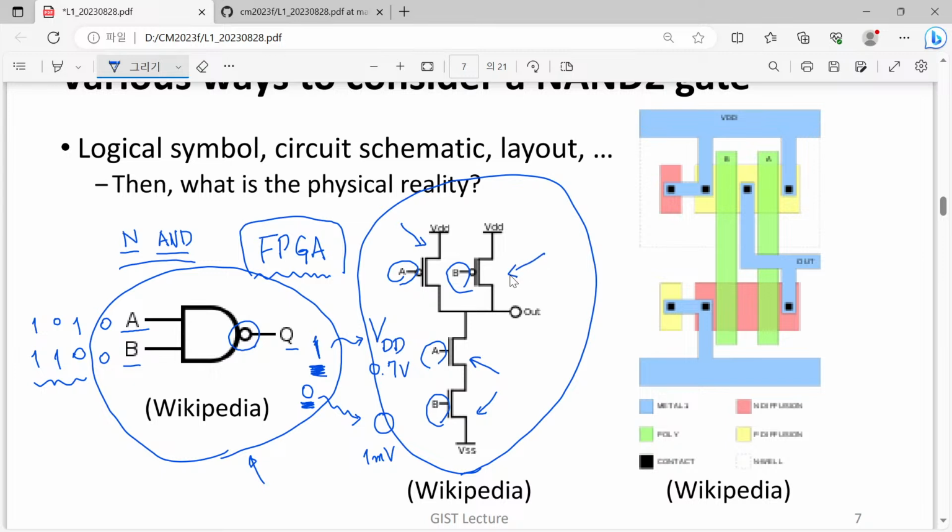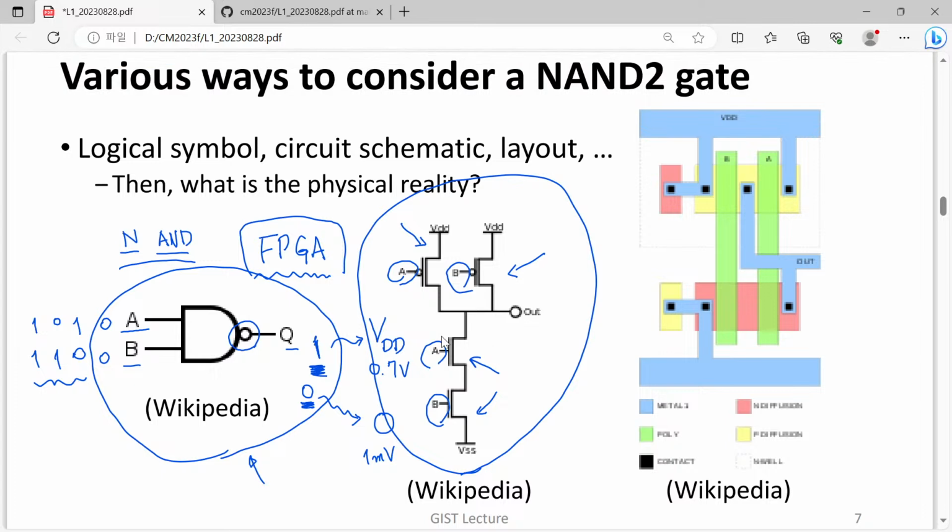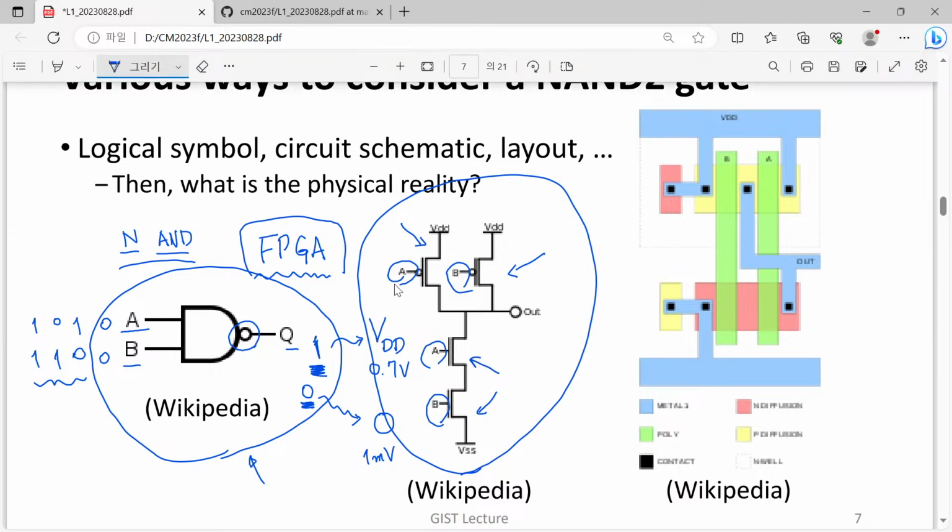What are they? I will explain it later. Anyway, in this case, we have 4 different devices, and they react differently to the gate voltage applied to their terminal. For these devices, if A or B is close to VDD, then they become highly conductive. And when A or B is close to 0, then they become highly resistive.